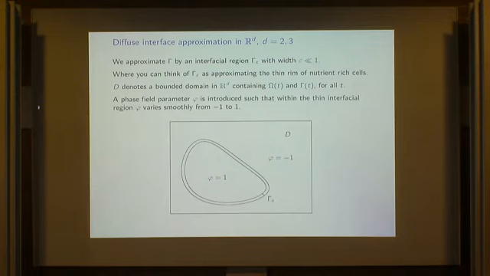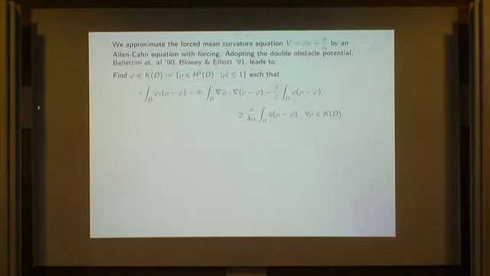So phi tells us the geometry of the problem quite simply, and the interfacial region is defined by the part of the domain where, well, we'll see it in the next slide.